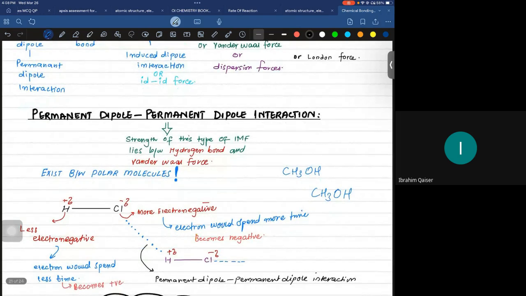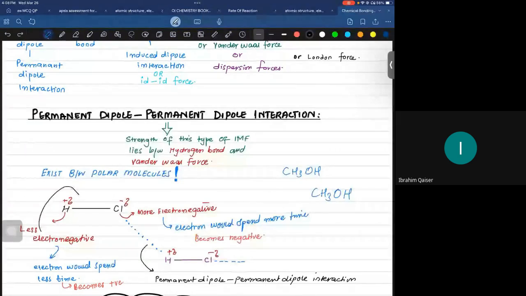permanent dipole interaction. As you know, hydrogen chloride is a covalent bond, but this is a polar covalent bond. How can we identify whether the bond is polar or non-polar? It is very easy: polar means when you can see different elements, like hydrogen is different and chlorine is different.